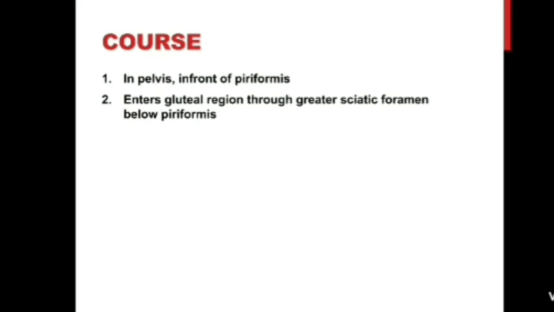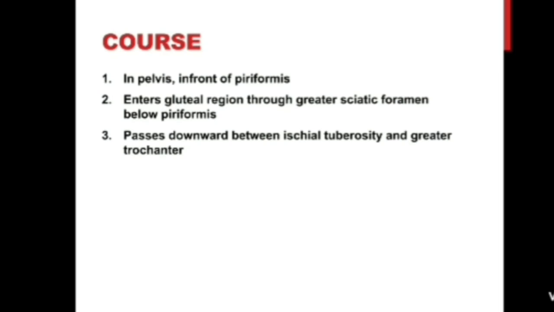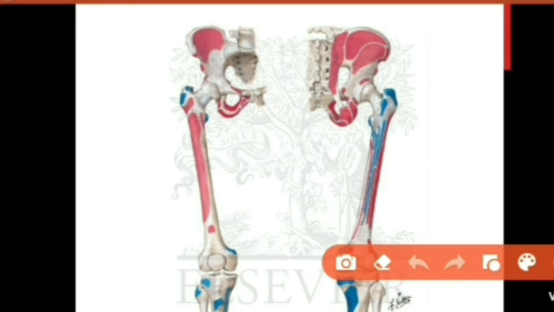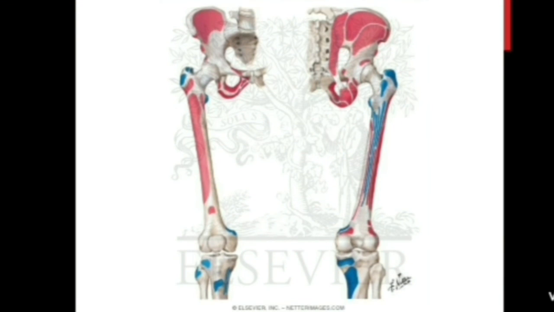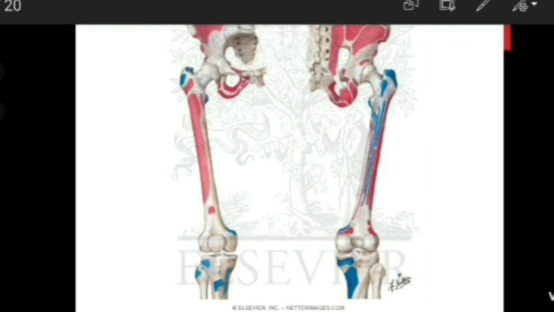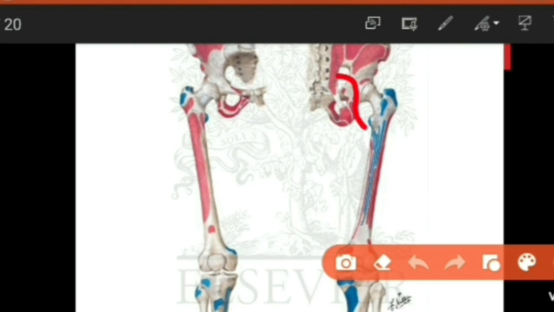Now it has to enter the back of the thigh. So it does so by passing between the ischial tuberosity and the greater trochanter. Let's try to visualize this. Here we have the ischial tuberosity and here we have the greater trochanter. Now it's going to enter such that it passes here, right?